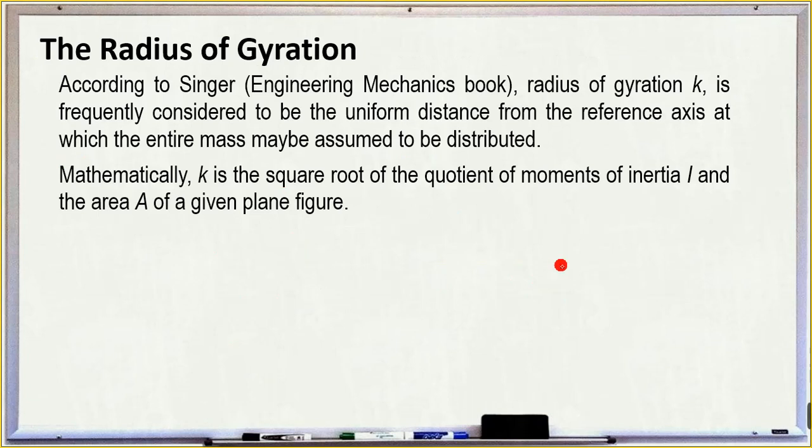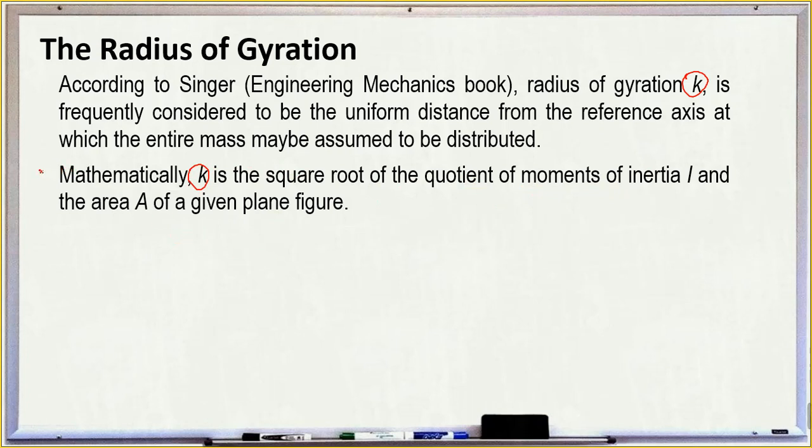Now, according to Singer, radius of gyration, denoted as K, is frequently considered to be the uniform distance from the reference axis at which the entire mass may be assumed to be distributed. Mathematically, K is the square root of the quotient of the moment of inertia I and the area A of a given plane figure.